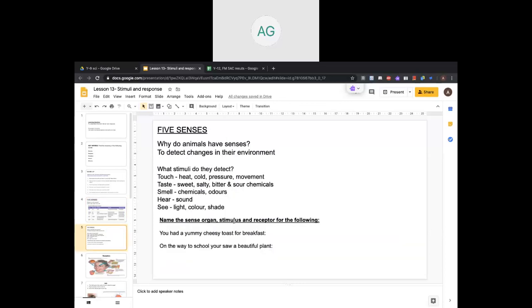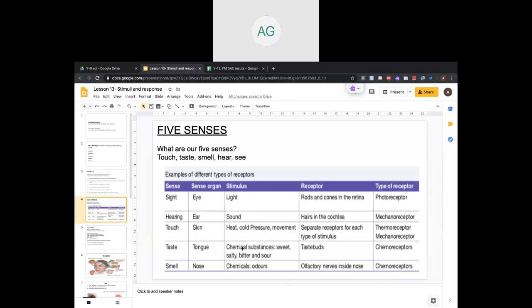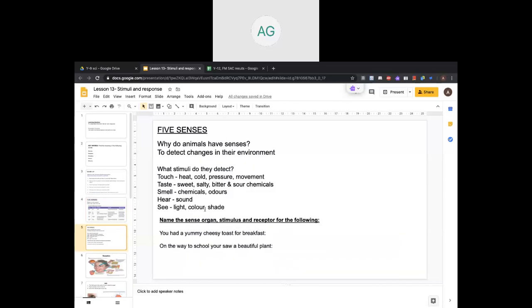And what would be the stimulus in that? The cheese is a stimulus, right? It will be a little bit salty and sour depending on what cheese it is. Then the receptor: the taste buds on your tongue would help to detect that change, right? So you can write the same thing in your books as well.